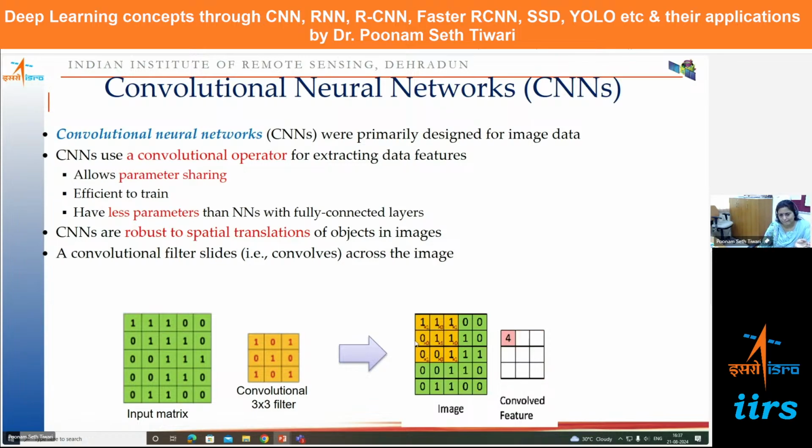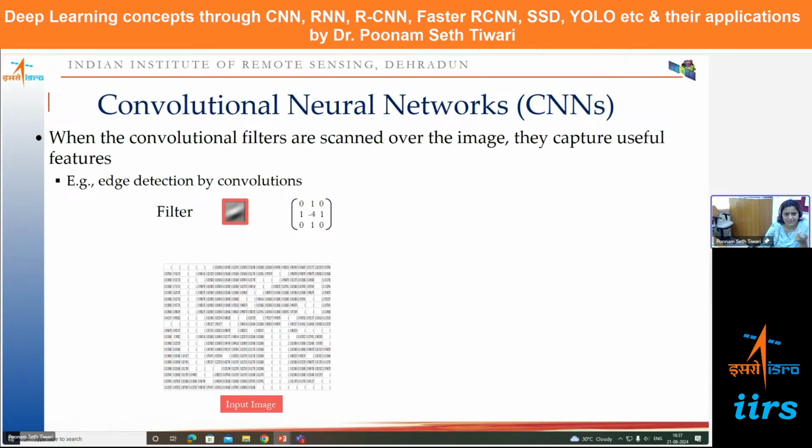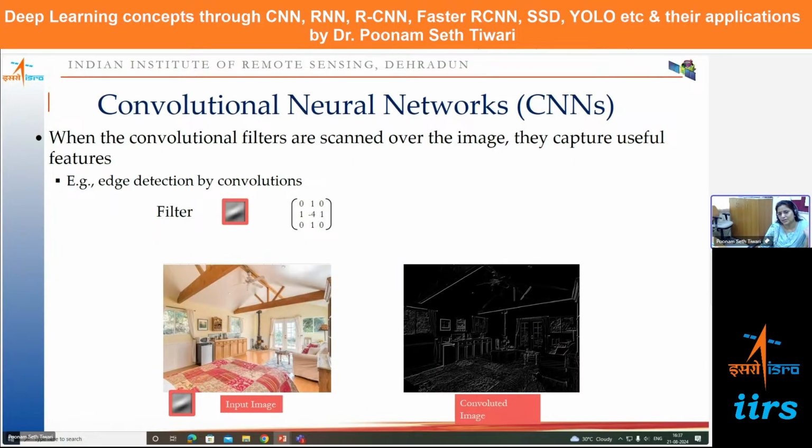So we take this filter. Suppose this is the input image. The computer sees it as numbers only. When we take a filter and pass it over the image, you get the convolved image. Now this convolved image has a lot of meaning and a lot of information. So why should I use the original input image when I can have multiple convolved images, and I can have this information content also.